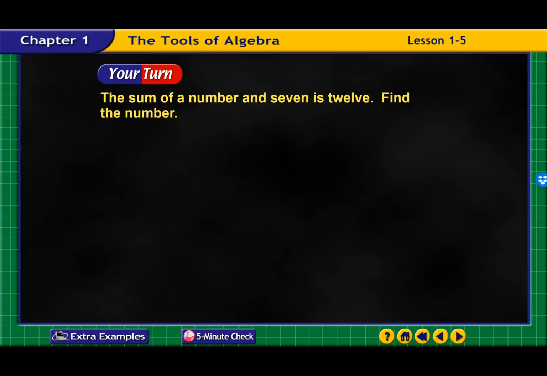All right, try this one on your own. All right, the sum of a number and 7 is 12. Find that number. Whoops, they just gave it to us there. So the sum of a number, we're going to call it n.